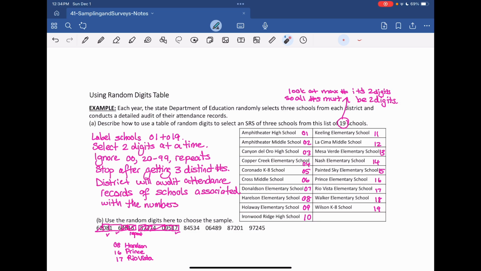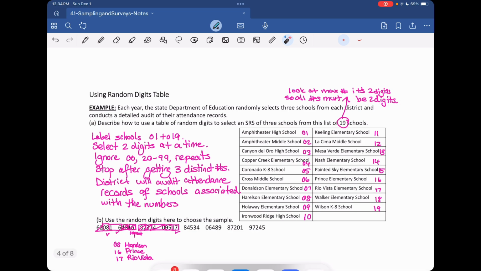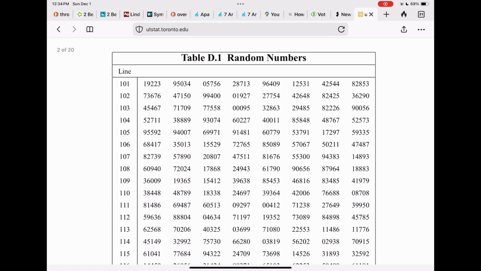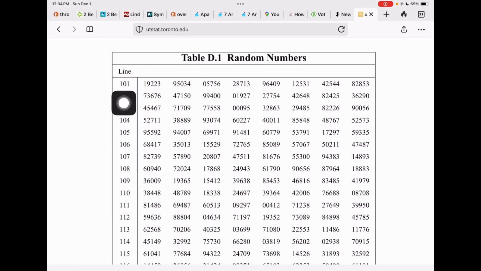So the idea is when you're using a random digits table, this is what it looks like, kind of similar to this. I don't know if the exact one I gave you is this. And here you could see the first column here, 101, this is not the random digits part.